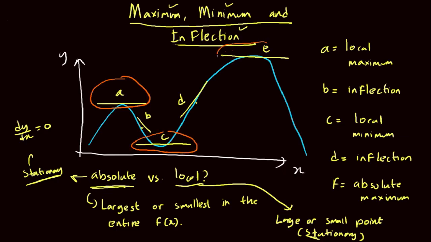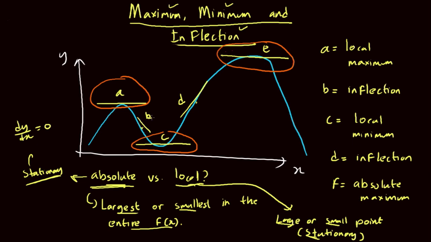So that's the difference between absolute and local. If someone asks what is an absolute point and what is a local point, absolute is usually the largest or smallest stationary point in the entire function, whereas local points are large or small stationary points in the function itself. It doesn't mean that they're the largest or the smallest value.